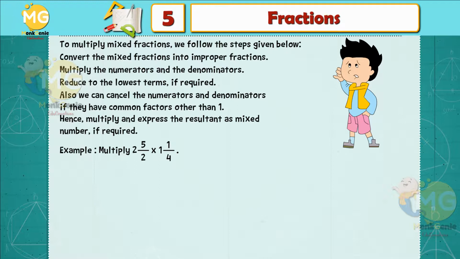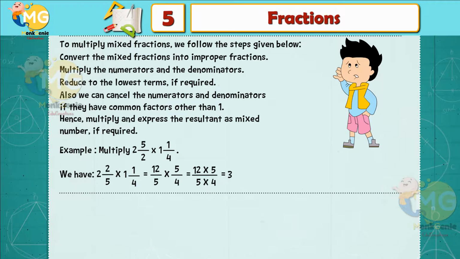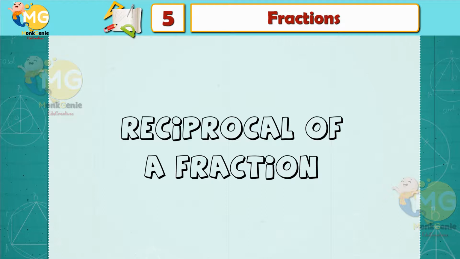Example: multiply 2 2/5 by 1 1/4. We have 2 2/5 × 1 1/4 = 12/5 × 5/4 = 3. Reciprocal of a fraction.